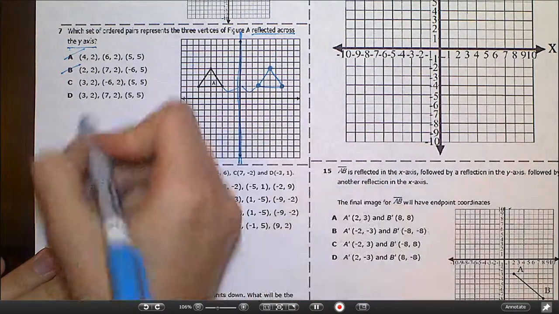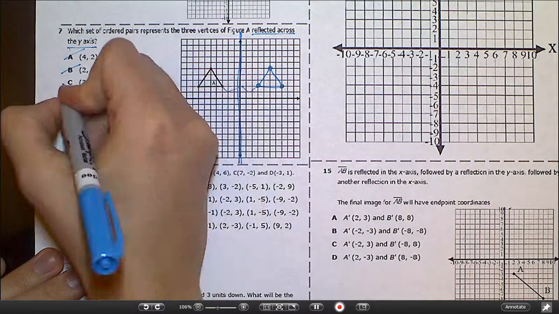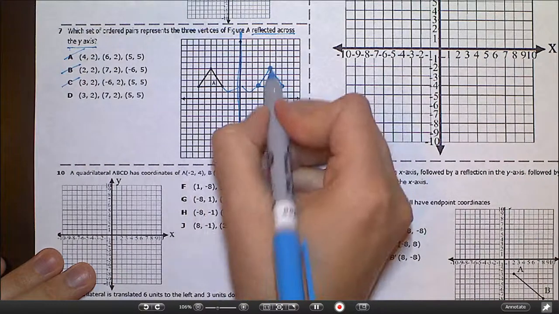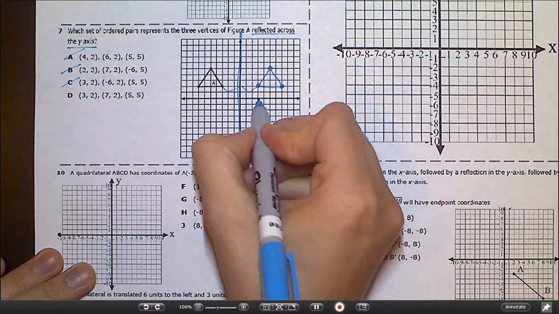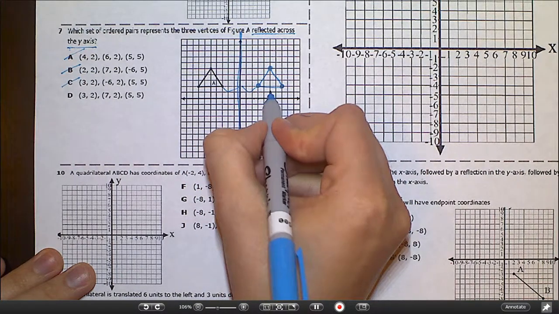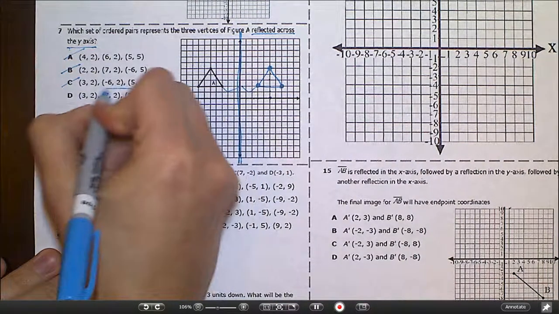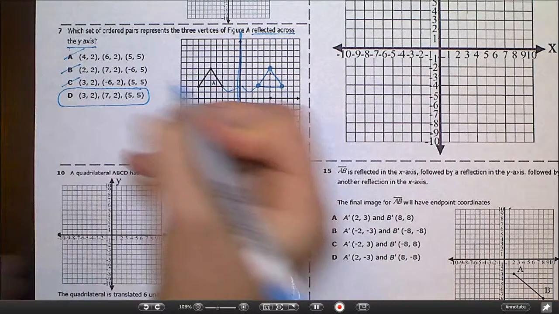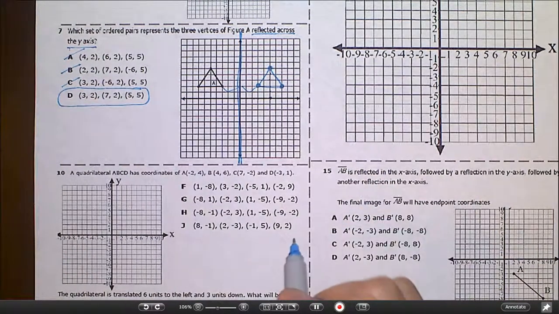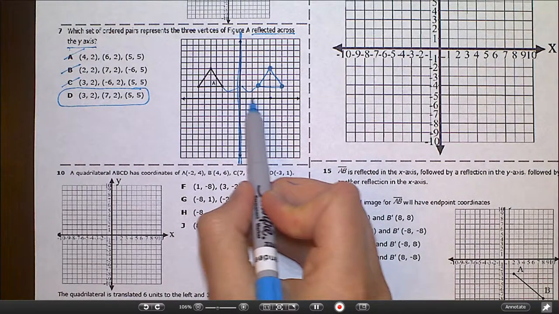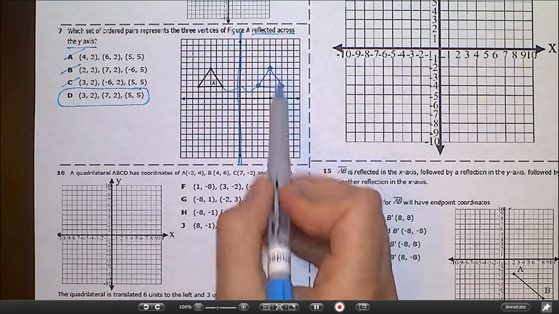So 7, 2 is right here. And that one doesn't have 7, 2. But let's double check. This one is 1, 2, 3, 4, 5. 1, 2, 3, 4, 5. And that's there. So this is correct. Now we have to be careful and remember that we always go right and left and then up and down when we're naming points.